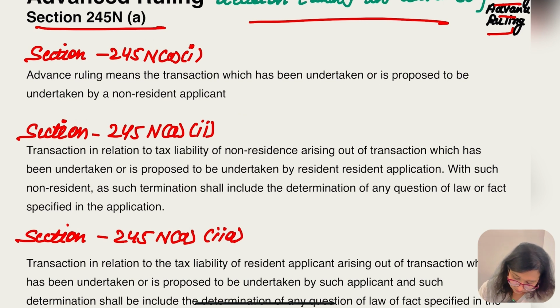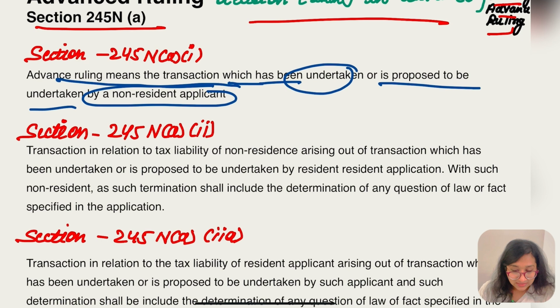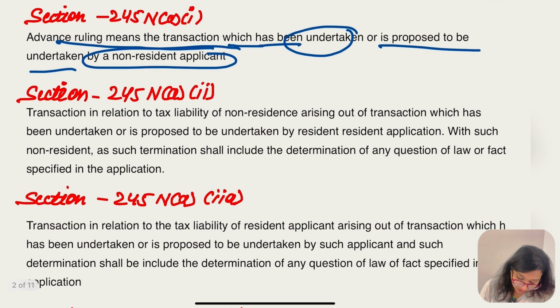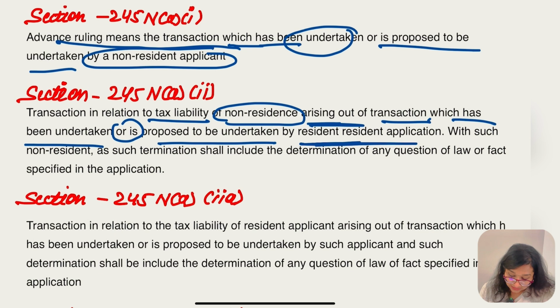Okay, let's find out. Advance ruling means a transaction which has been undertaken or proposed to be undertaken by a non-resident applicant. Is this part clear? Yes. Okay, the transaction in relation to tax liability of a non-resident arising out of a transaction which has been undertaken or proposed to be undertaken by a resident applicant.